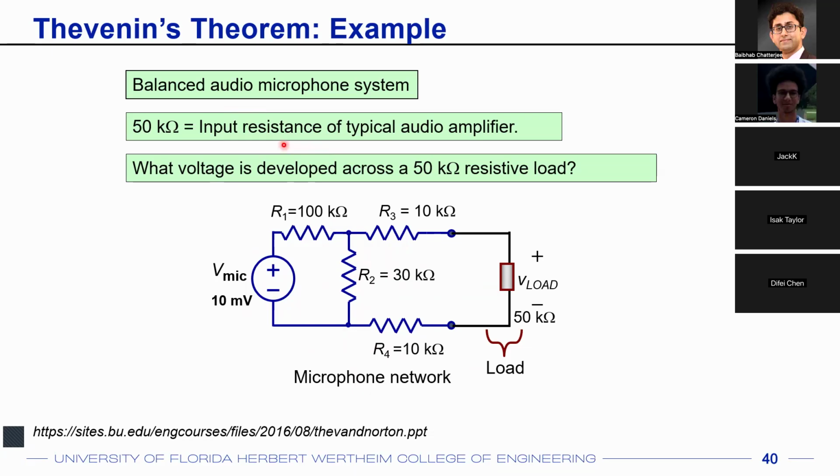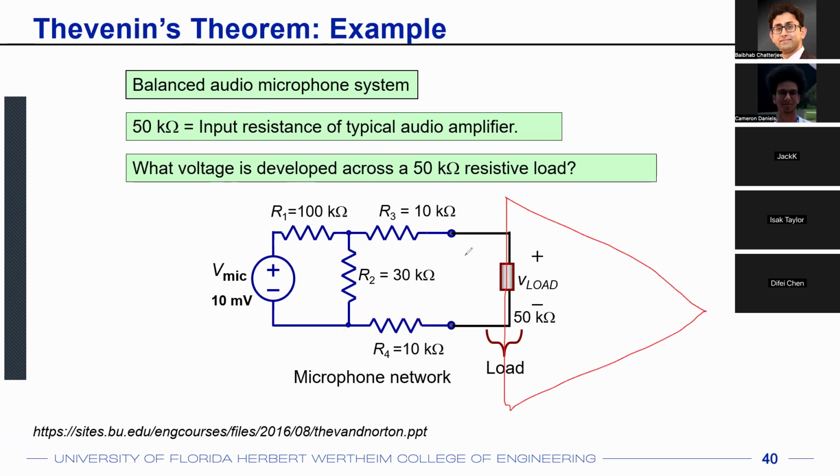The input resistance of a typical audio amplifier is about 50 kilo ohms. Let's say you want to amplify the voltage you collect from the microphone, going through the microphone network, and then being available at the input of the amplifier. You can again assume that this is just an op-amp. This is the positive terminal, this is the negative terminal.